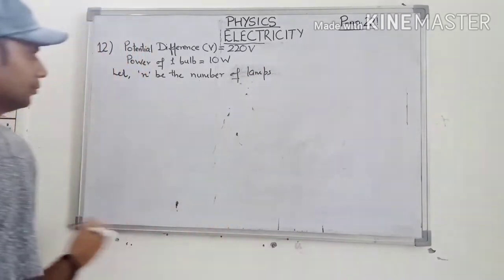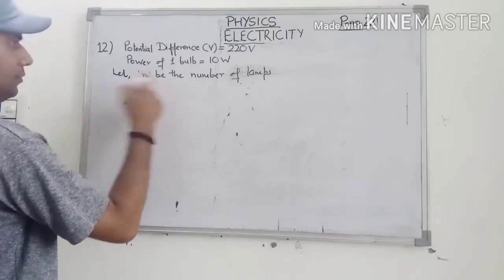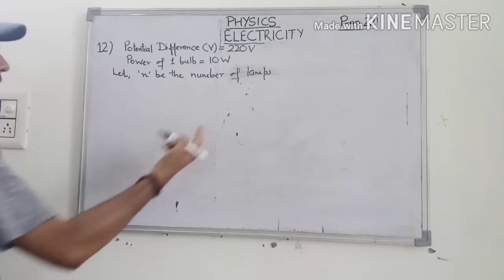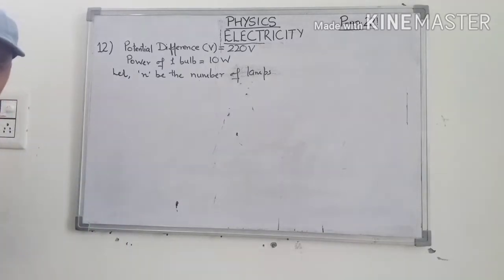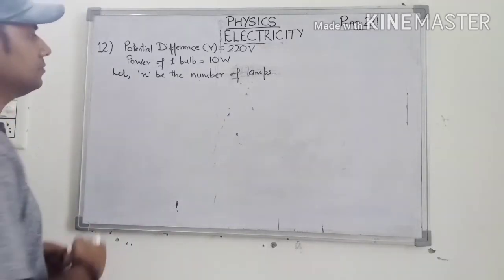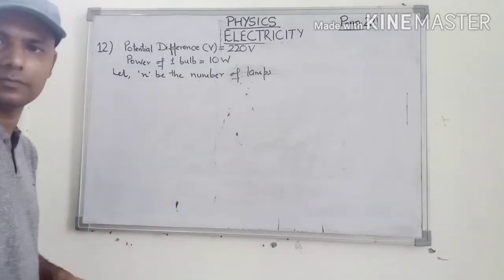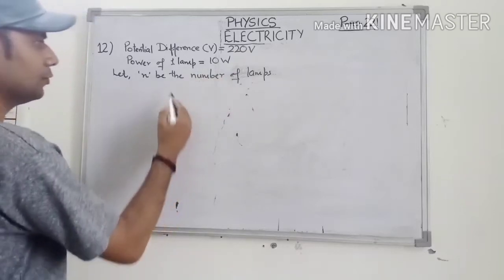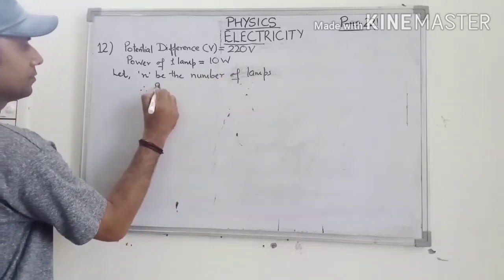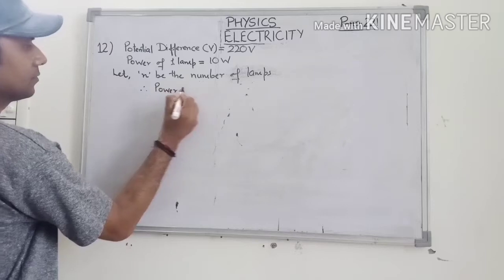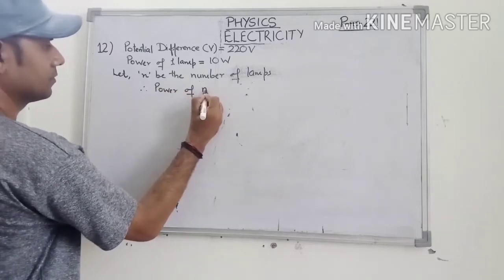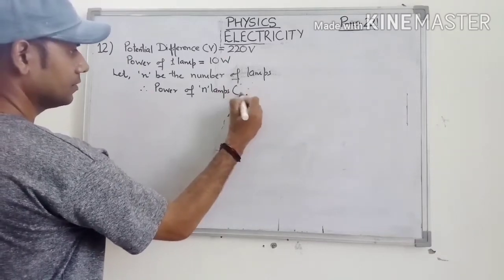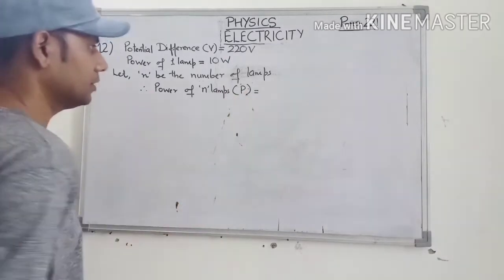Connected in parallel. Okay, now the power of one bulb is 10 watts, so what will be the power of n lamps? Power of one lamp is 10 watts, so power of n lamps you can consider as the total power.